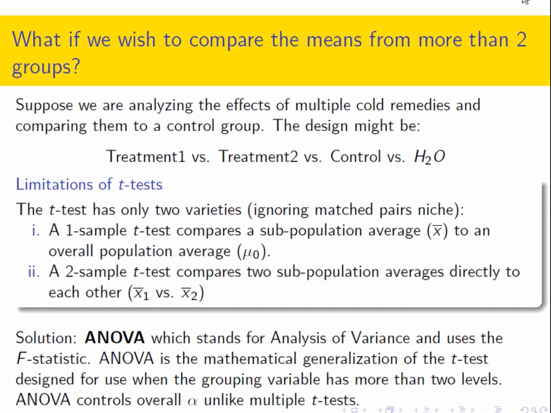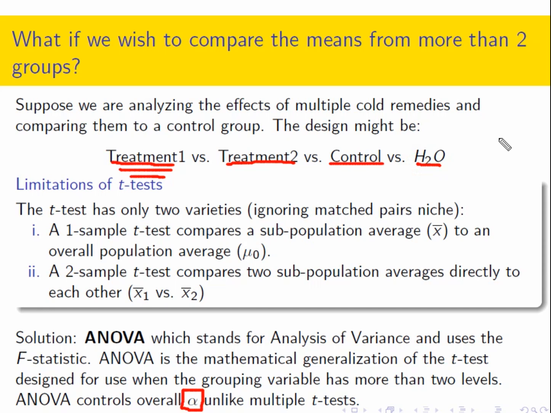I skipped over this. I would like to talk about it, but it's probably going to be in a different lesson. ANOVA controls overall alpha. Could we compare pairwise treatment 1 versus treatment 2, then treatment 1 versus control? The problem is we end up with 6 tests, and each of these statistical tests has some amount of error because they're based on probability models.